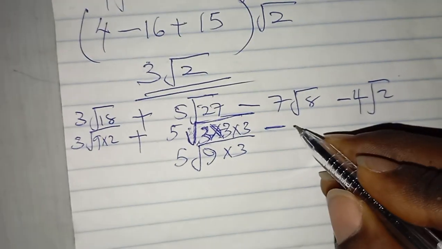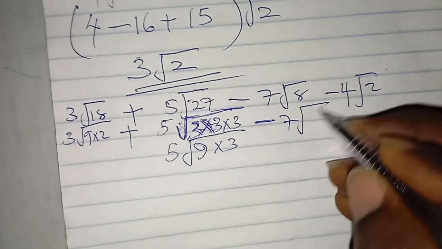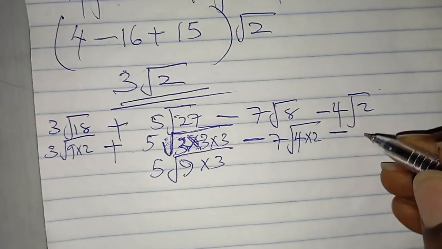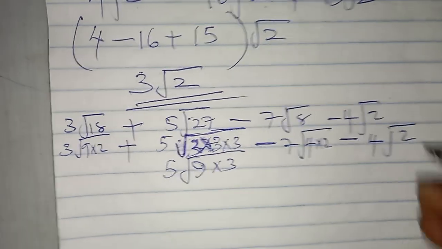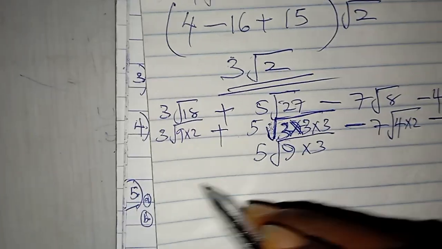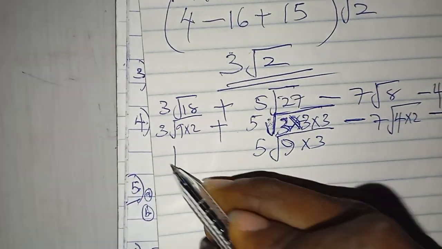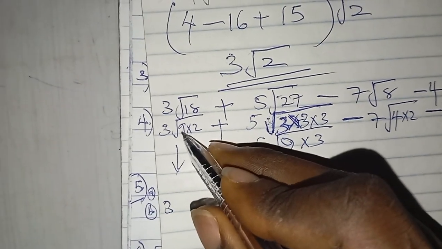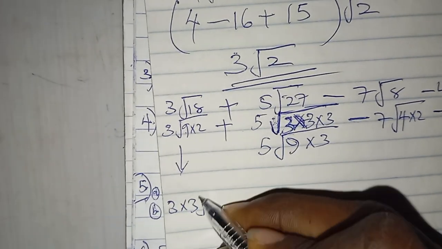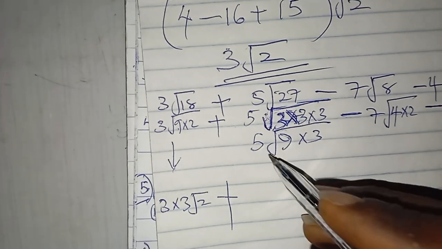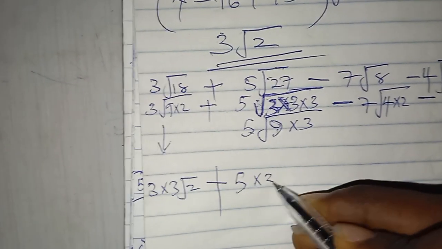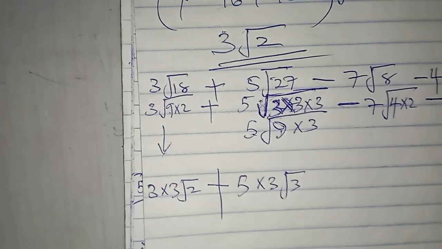Minus, this is the same thing as saying 7 root 4 times 2 minus 4 root 2. Now notice that this is going to give me 3 root 9 times 2 plus 5 root 9 times 3 root 3.